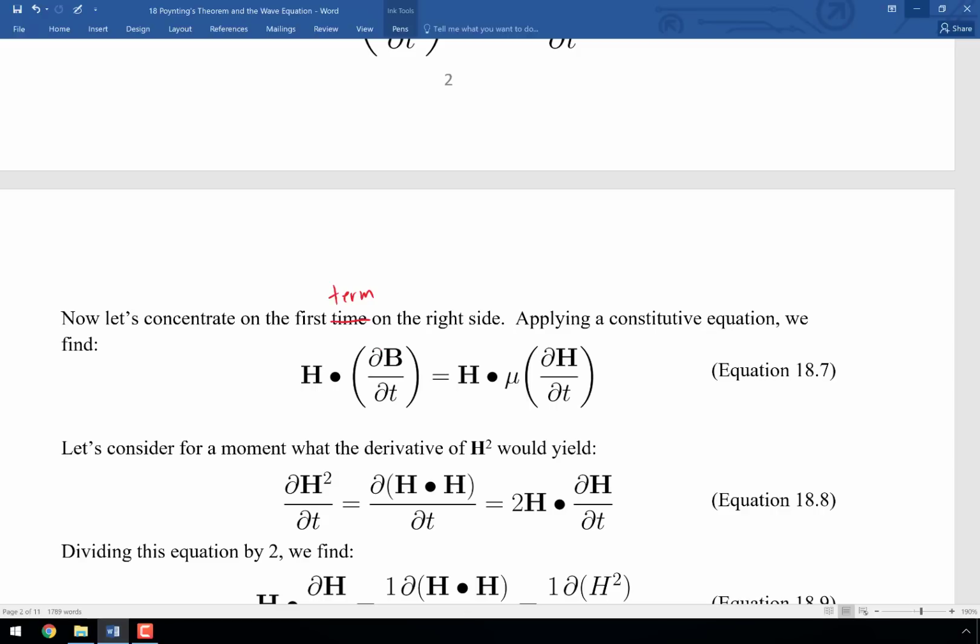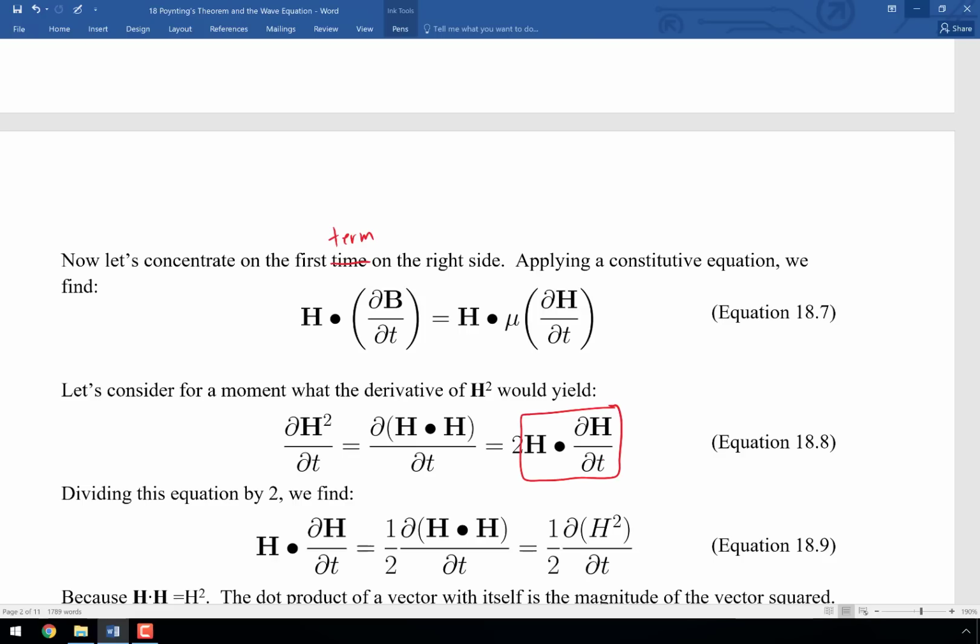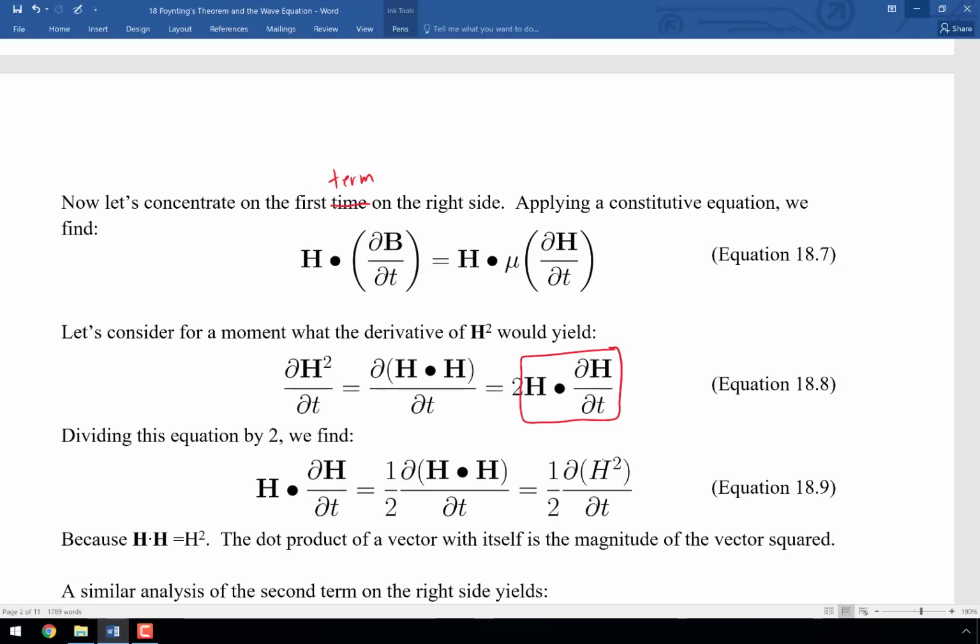It becomes H dH/dt. And H dH/dt actually can appear right here. This is kind of the most complicated step. It took me a long time to figure this out when I was doing this derivation. H dotted with dH/dt becomes this expression right here.